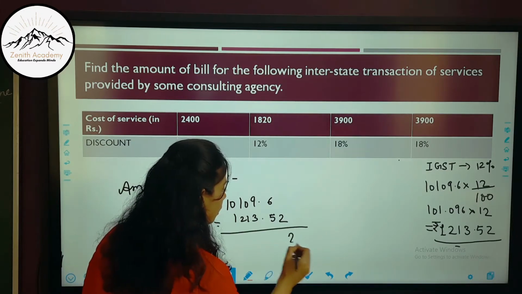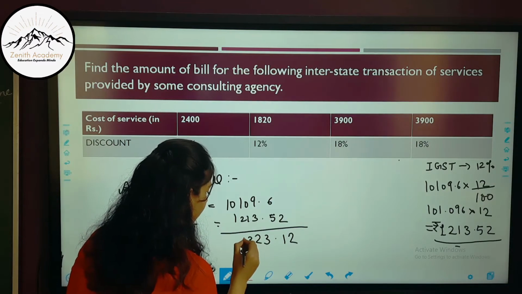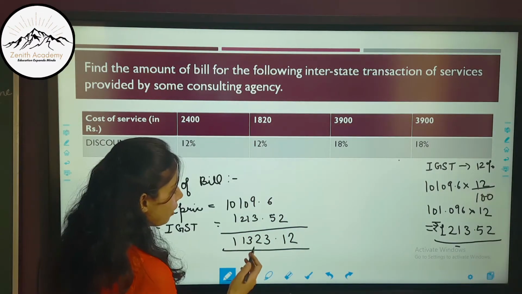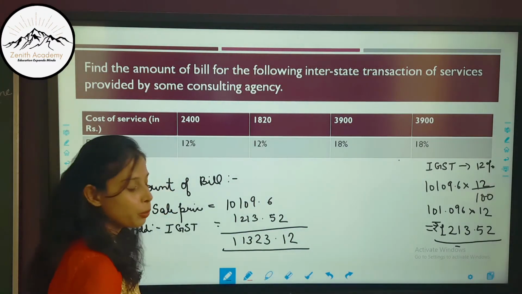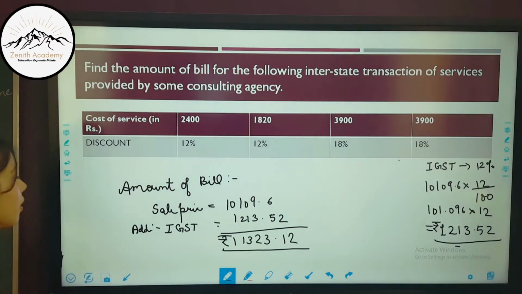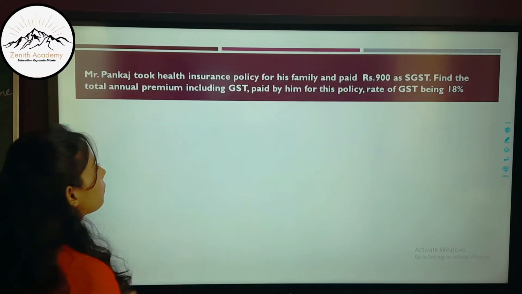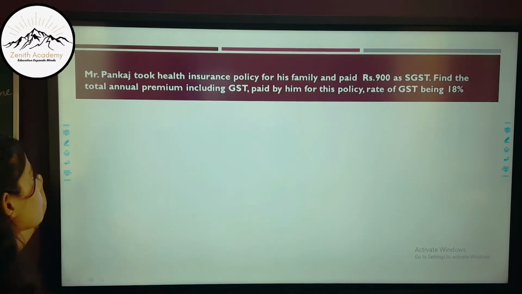So our total is 11323.12 rupees. Okay, so this is our answer. Let's move on to our next question.